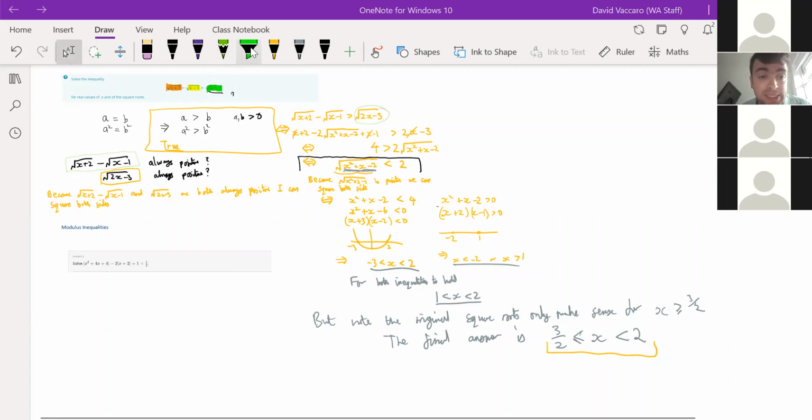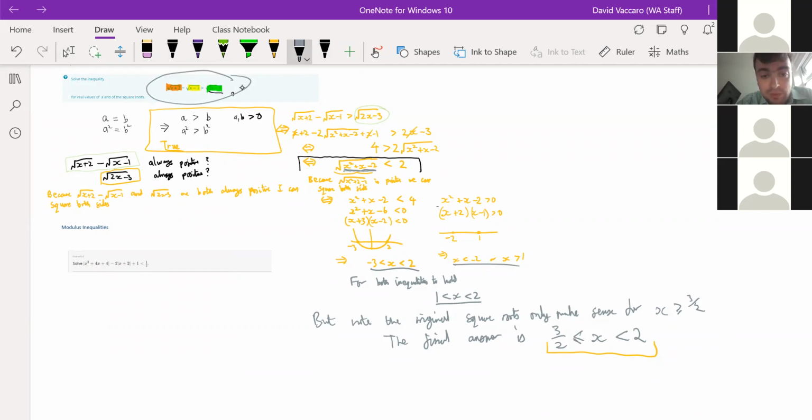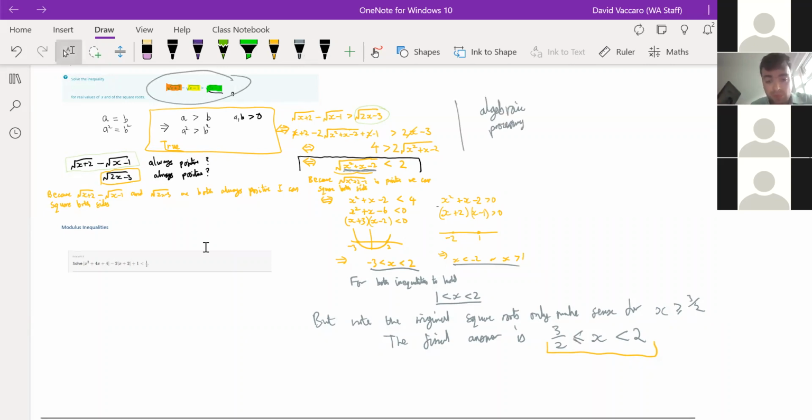Okay, but what's the main take-home message of this question in inequalities involving square roots? There was a certain amount of algebraic processing here. But what was the hardest part of the question? What expended the most amount of brain work?